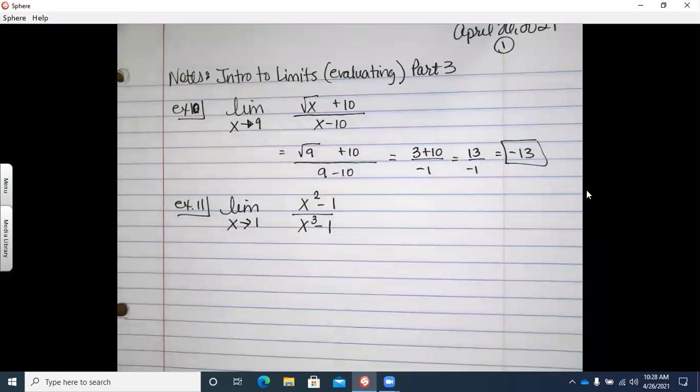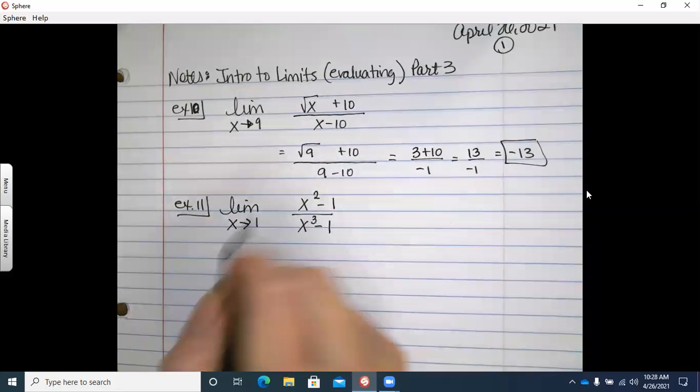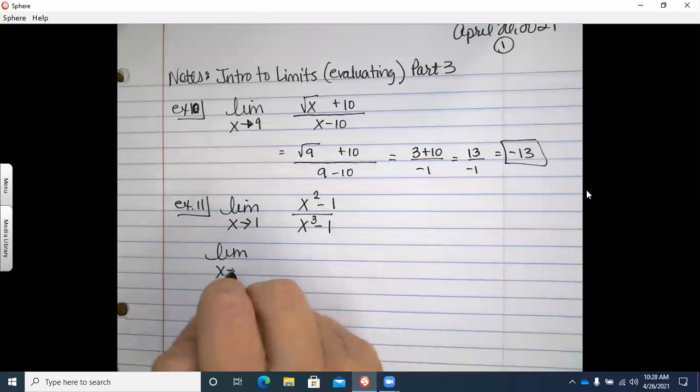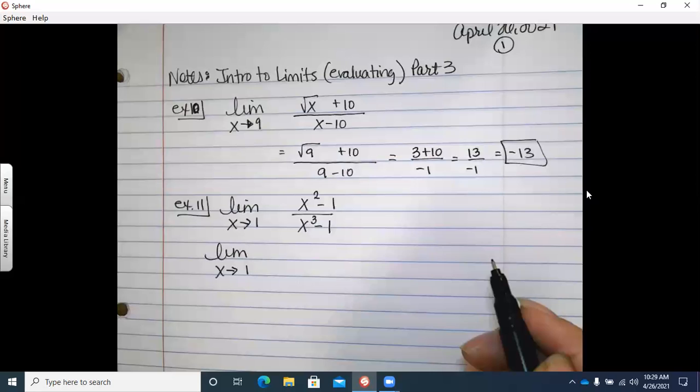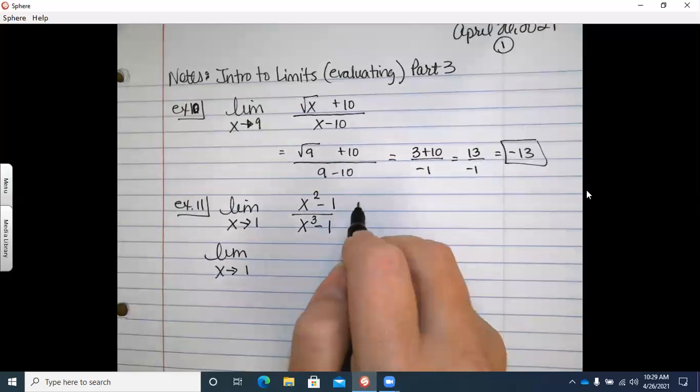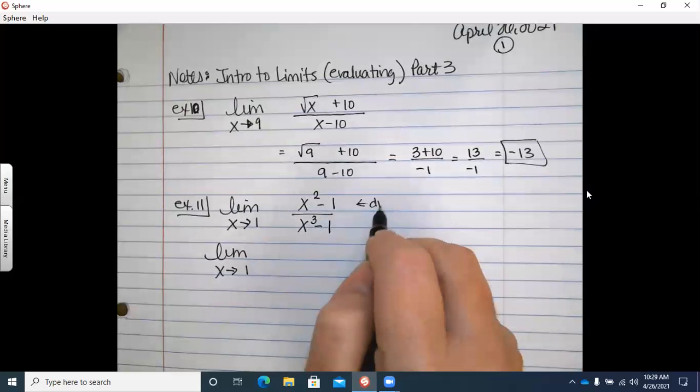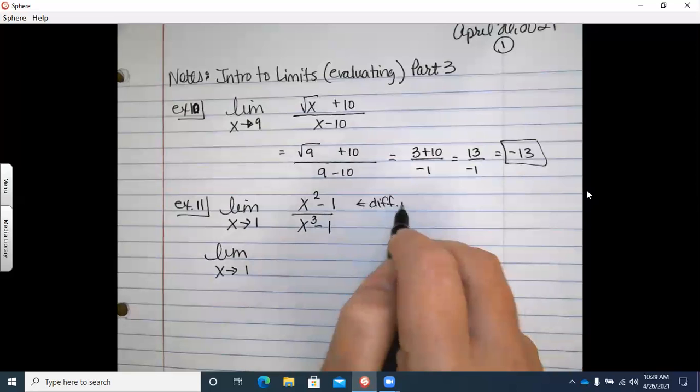So let's see, what is the limit as x approaches 1 of x squared minus 1? That's a quadratic, but it's a special case. What is that called? Difference of squares. Super easy to factor a difference of squares: a perfect square minus a perfect square. Make 2 sets of parentheses.